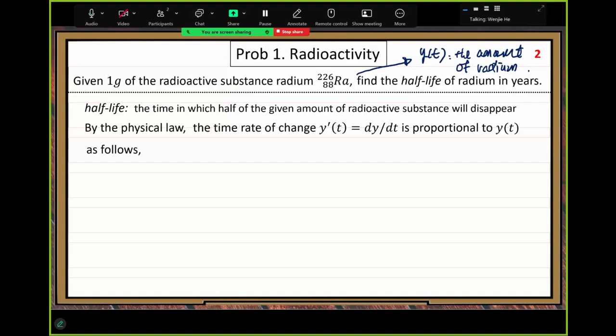In calculus, we use the derivative, y prime, to represent this concept. The rate of change of a function is described by the derivative of that function from calculus.